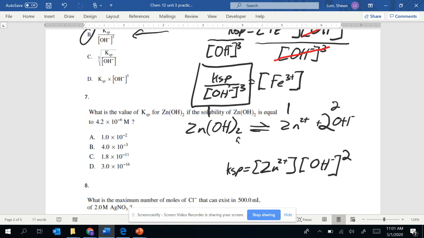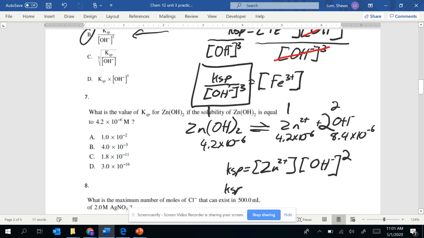Okay. Now, it says this is a 1 to 1 to 2 ratio. So it says the concentration of zinc hydroxide is 4.2 times 10 to the minus 6. So that means the concentration of zinc, since it's 1 to 1 right here, is also 4.2 times 10 to the minus 6. And the concentration of OH is twice as much. I could do that multiplication in my head. So 4.2 times 2 is 8.4 times 10 to the minus 6.